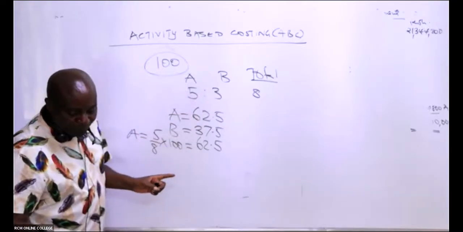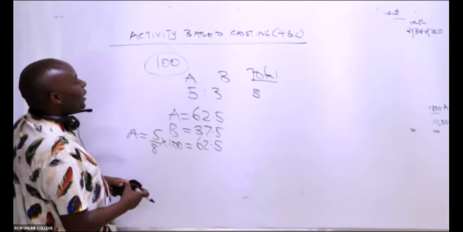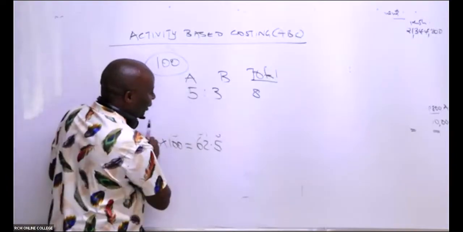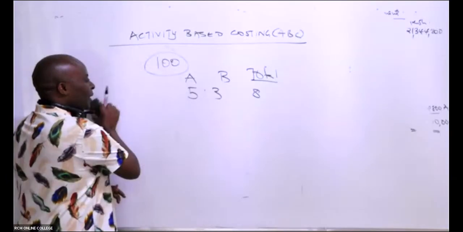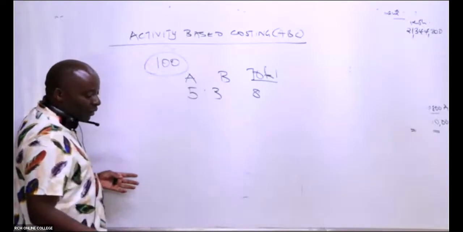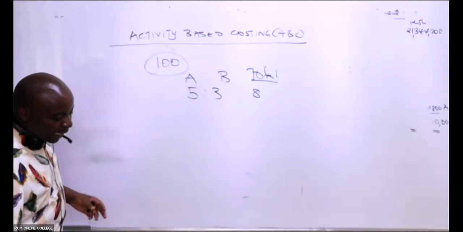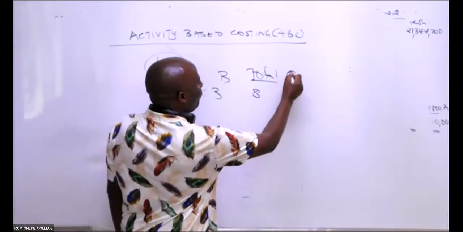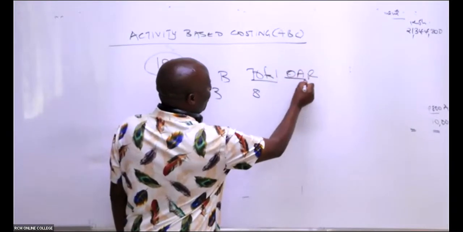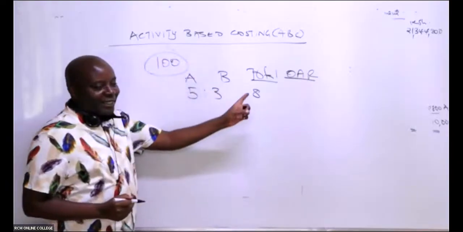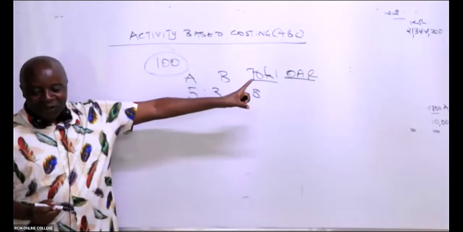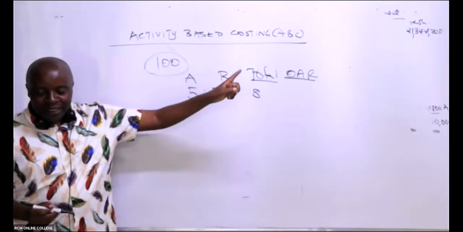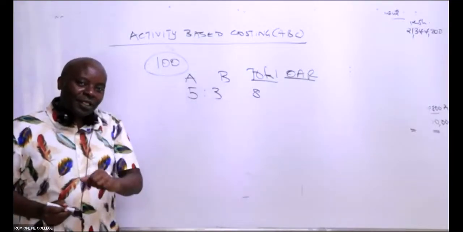3/8. Now, how about this other model, because your examiner loves what we call the OAR model, the overhead absorption rate model. Have you covered this? OAR, overhead absorption rate. This is the model that your examiner loves.